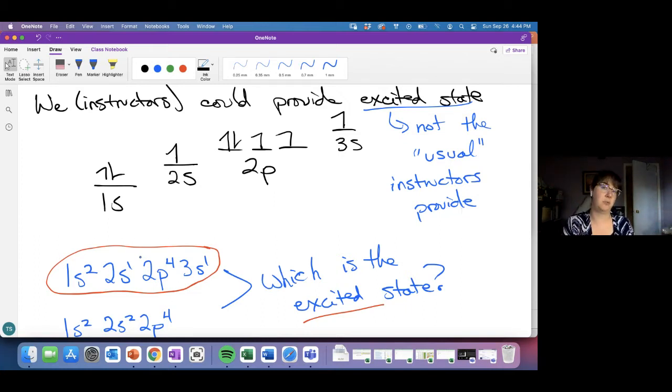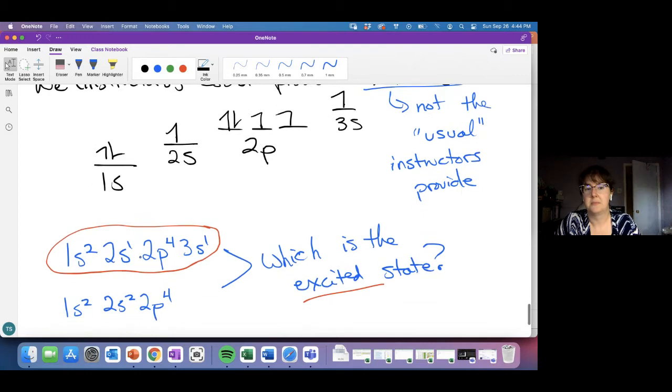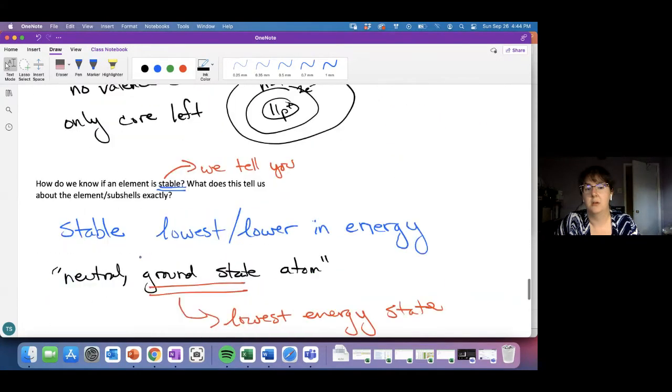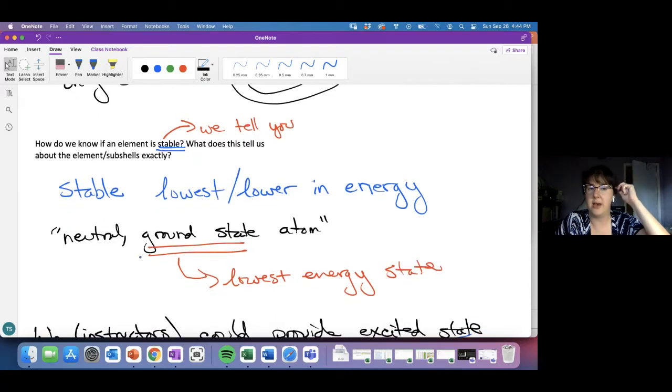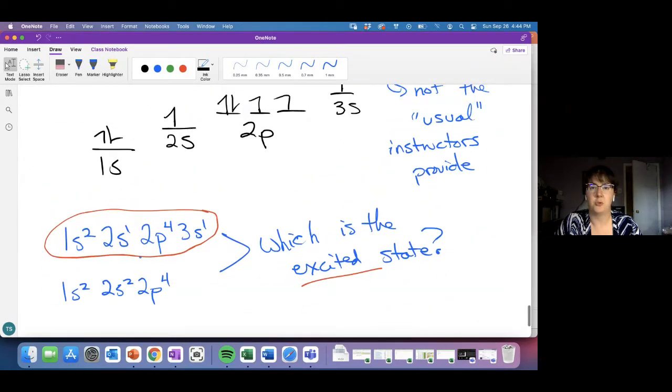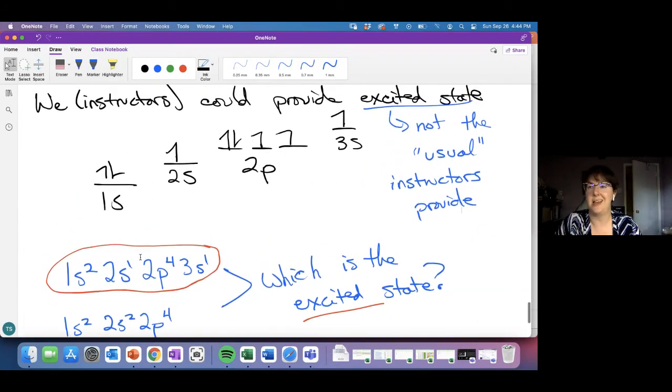Because there's a lot of options when you're looking at potential excited states, so we would have to provide you with what those might be. I think part of what they're talking about is looking at half-filled subshells, and we'll talk more about those when we get into the periodic trends, which is where we'll head next.